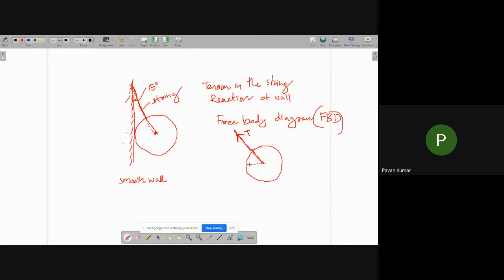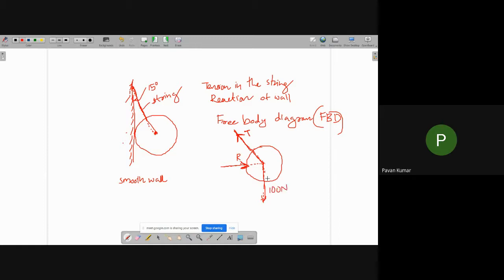Now there is a reaction. The reaction between the wall and the ball. Okay. So the wall will react to the ball like this. So this will be your R. And now the ball itself has a self weight of 100 Newton.